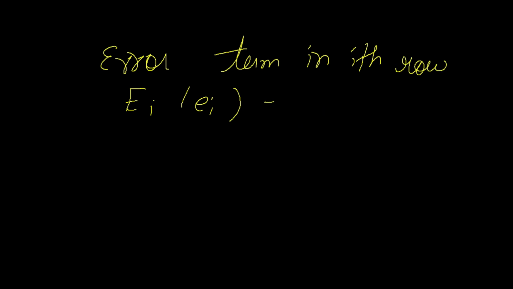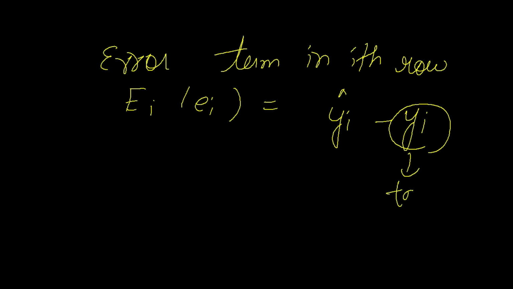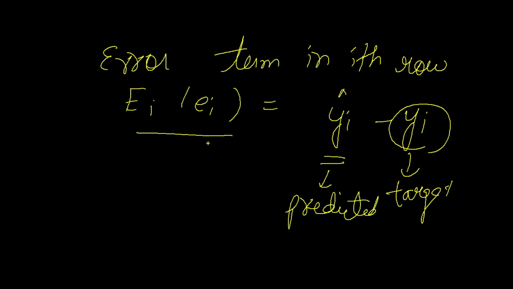This error term is equal to yi hat minus yi, where yi is the target value and yi hat is the predicted value. Based on this error term, we are going to lead our training process of linear regression. This error term is going to be used in the training process.